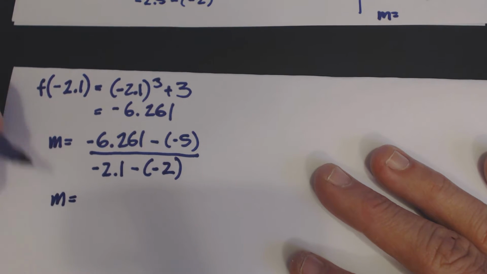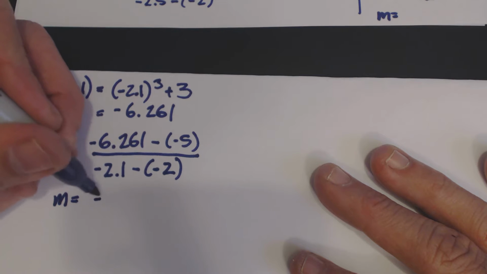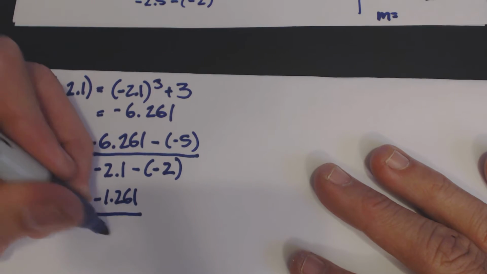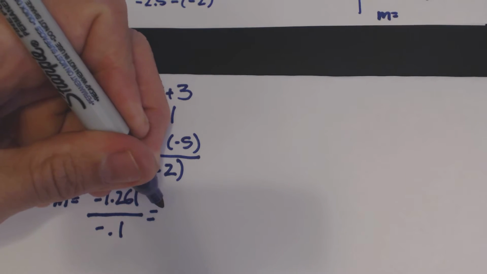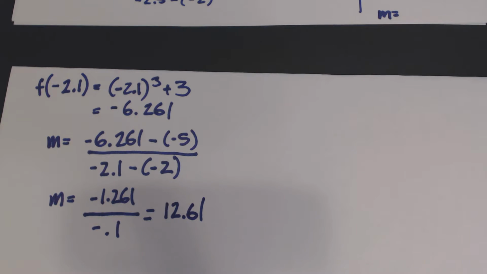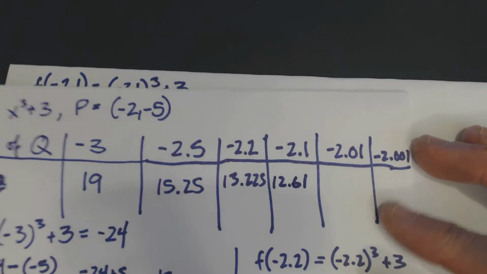So the slope is going to equal negative 1.261 over negative 0.1, which equals 12.61.